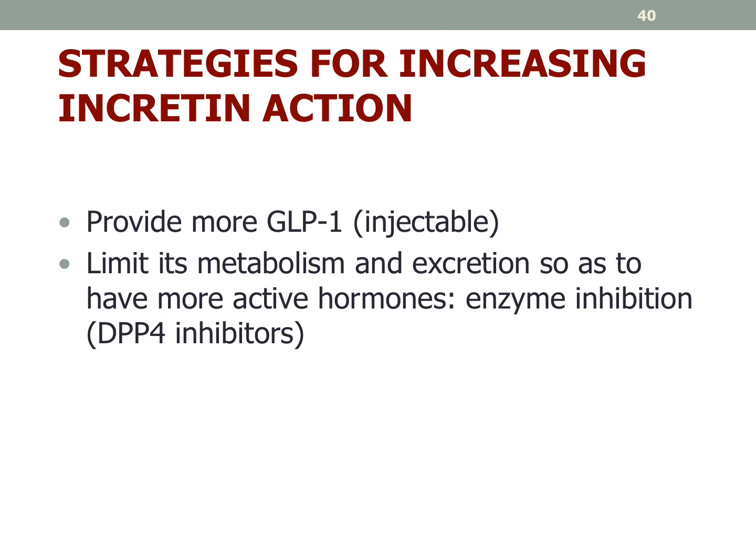The other approach is to limit its metabolism and excretion so that you have more active hormone. As I will show you later, GLP-1 is very rapidly degraded by the DPP-4 enzyme. So what if you can take tablets that will inhibit the action of this enzyme? If you inhibit it, you will have more GLP-1 as bioavailable hormone.